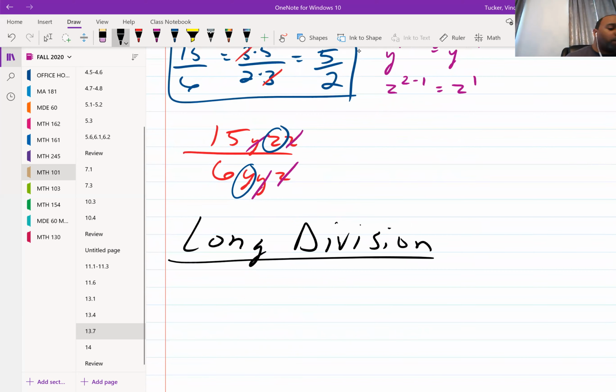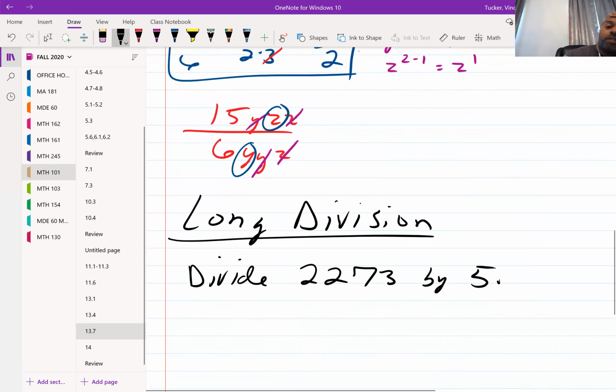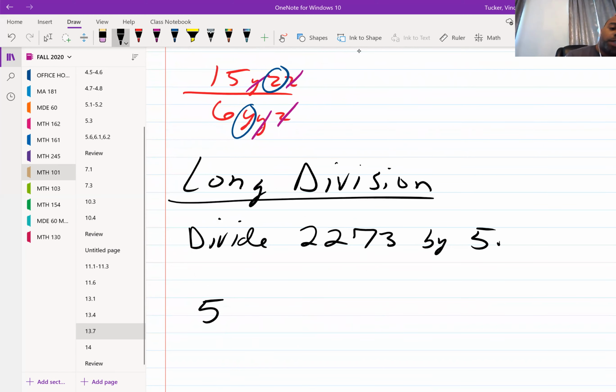All right, so let's look at long division, the long division process. So if we want to divide 2,273 by 5, we'll set the 5 up on the outside of your long division bar, 2273 on the inside.